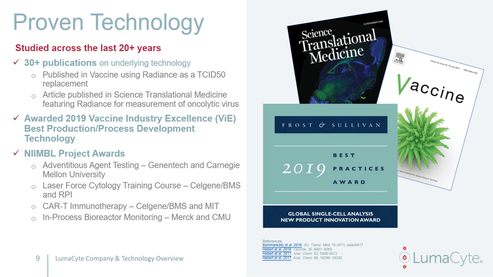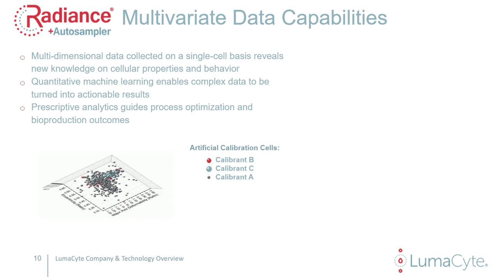This is with Celgene, BMS, and MIT. And finally, we have a project that just kicked off this past October with Merck and CMU, looking at automating bioreactor monitoring. So developing a system to remove cells from microcarriers and automatically analyze them in Radiance is a very exciting one that we're just getting started on.